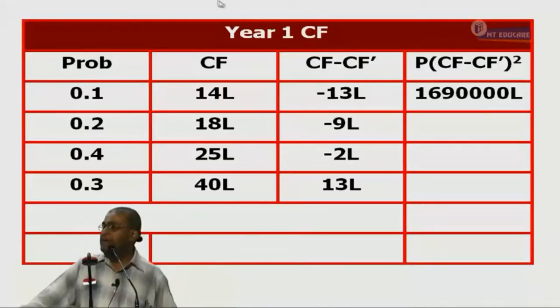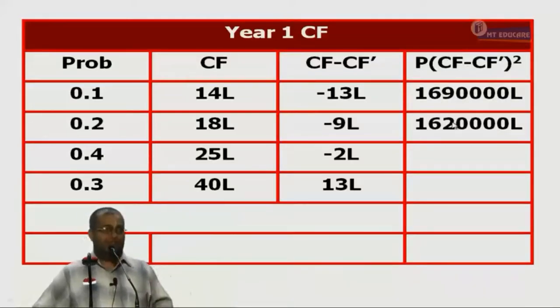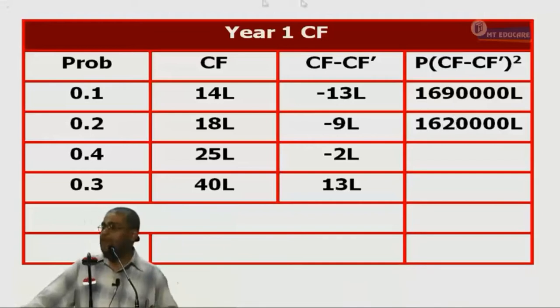Next is 0.2 into 9 lakhs into 9 lakhs. How much is it? 16 lakh 20,000 lakhs. I did not have the space here, so I put lakhs. That means the 16 lakh 90,000 should be followed by 5 more zeros. There are many zeros here, don't miss a zero.